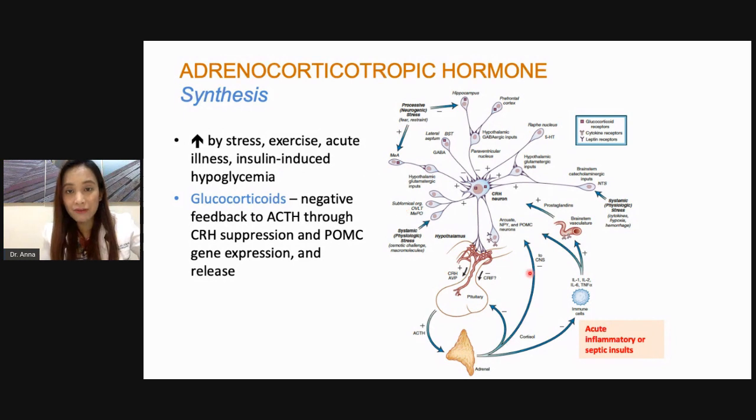As you can see from this figure, physiologic stress can have an impact on your brainstem catecholaminergic inputs, eventually affecting the hypothalamus and causing changes in corticotropin-releasing hormone, because this axis is your stress response, which acts whenever you have stress in the environment.